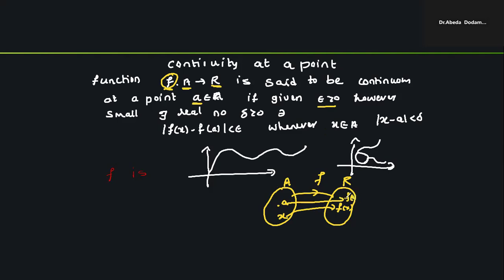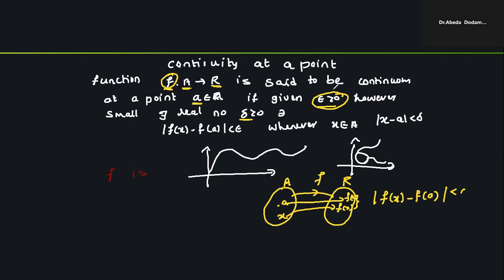With respect to this small positive epsilon, there exists a delta such that the difference between these two, f of x minus f of a, should be less than epsilon.